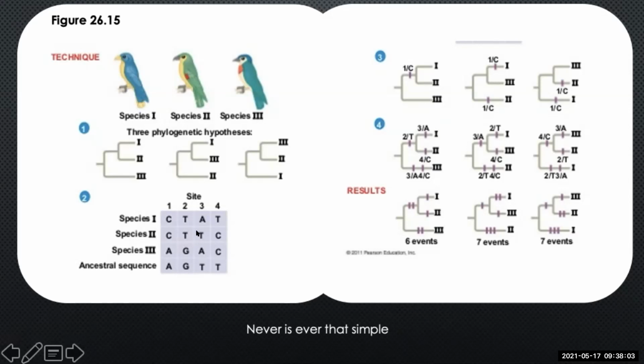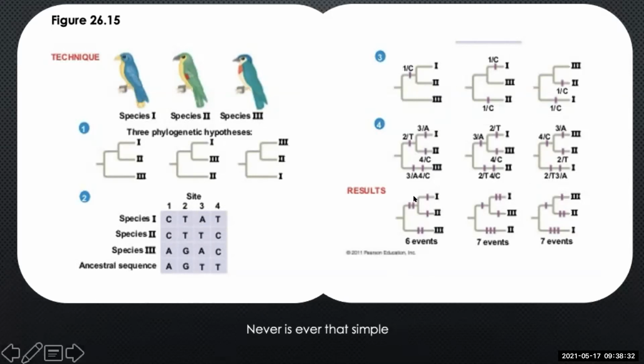So, right, species 3 has only one of these alleles the same. I mean, only one of these nitrogenous bases the same. Species 2 also only has one, and species 3 actually has 2 of them. And so when scientists are making these trees, these are all the different versions of these trees.